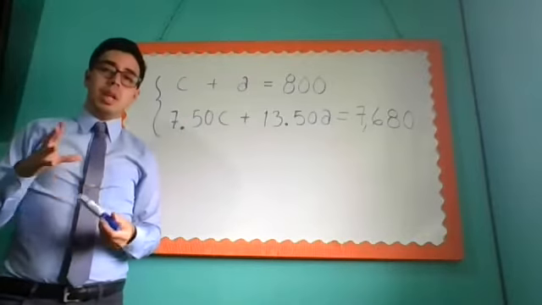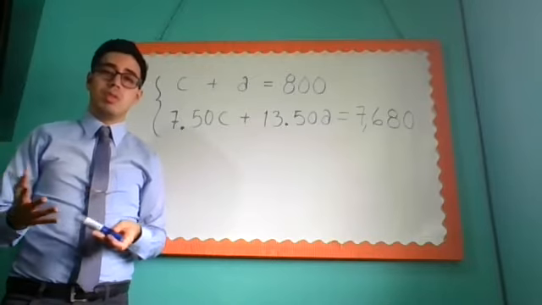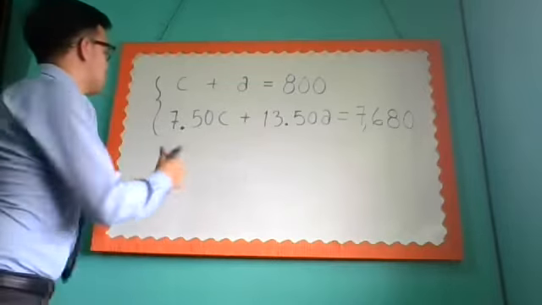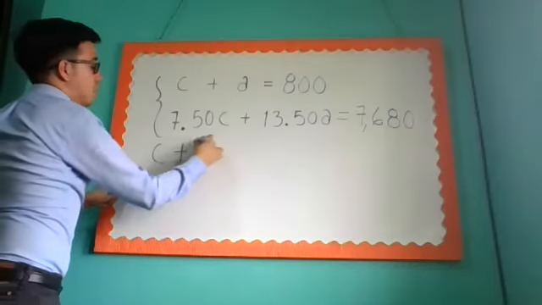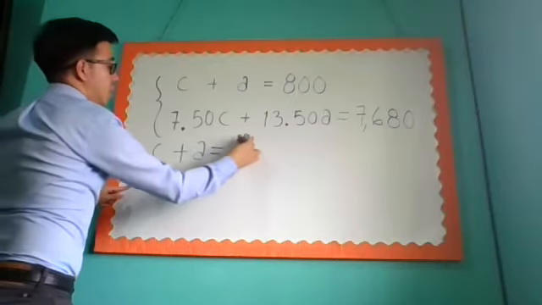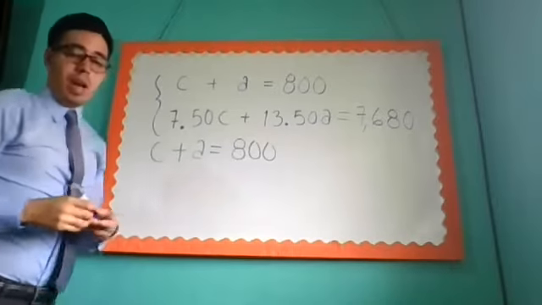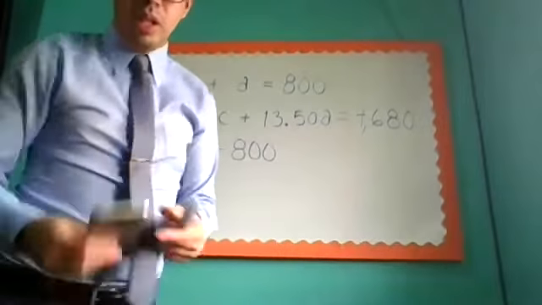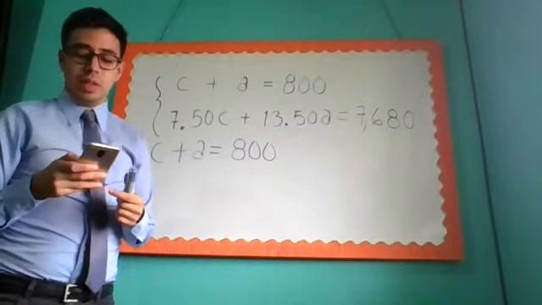But the value is not the real value, it's an expression that we are going to use to find the value. So if we copy C plus A equals 800, we are going to solve for a variable. In the book, they solve for the variable C, okay?